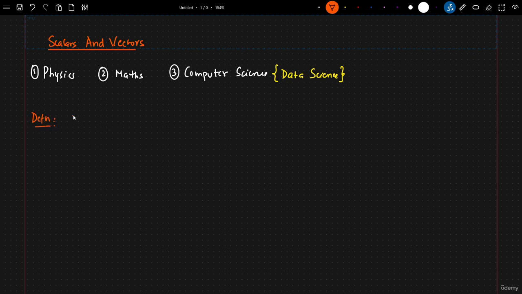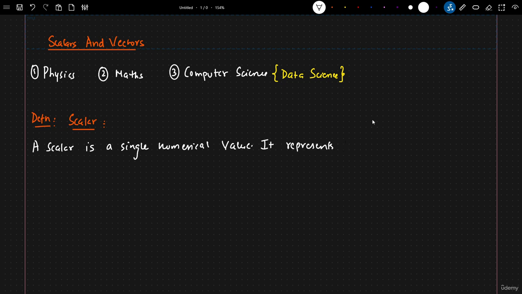First of all, we'll see the definition of a scalar. A scalar is a single numerical value, and it represents a magnitude or quantity and has no direction.